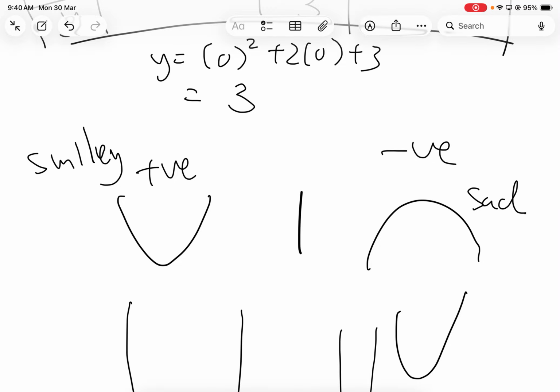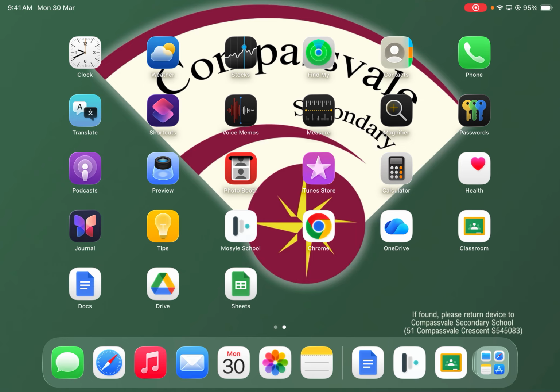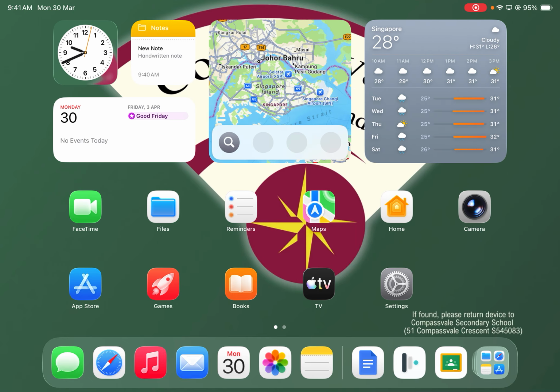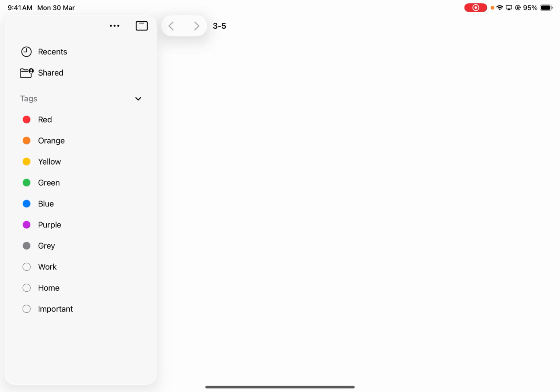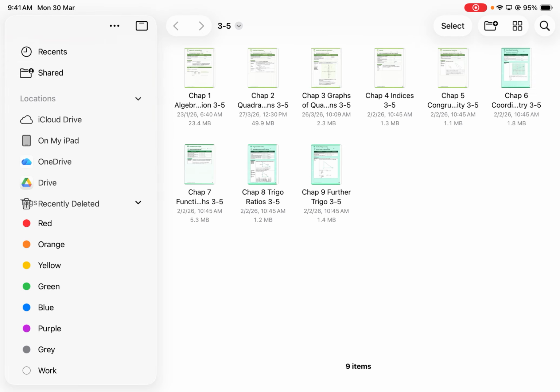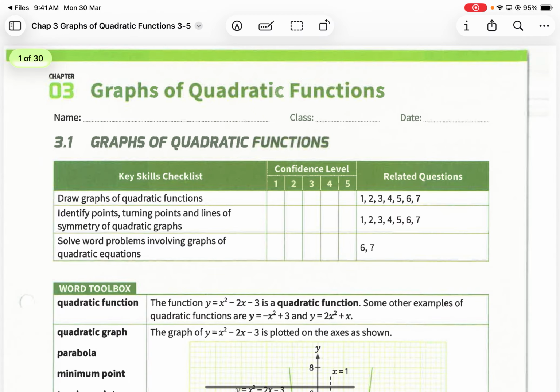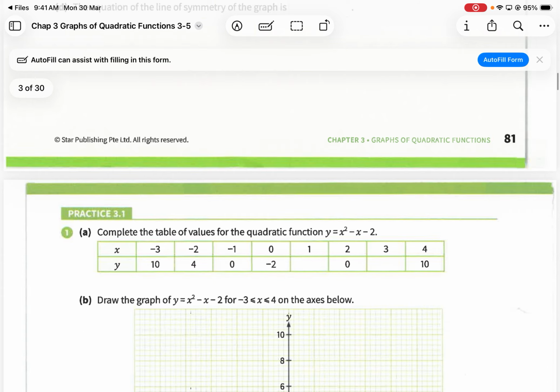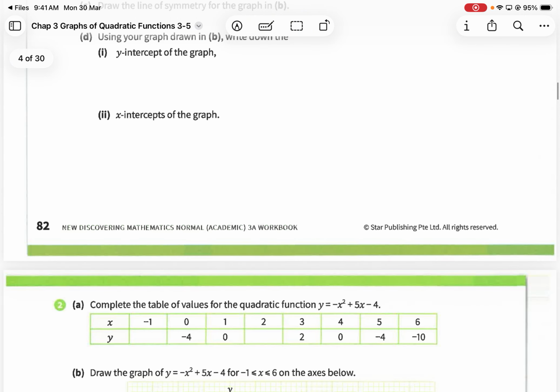With that, we can go on to our workbook. Okay, take out your workbook. Chapter 3, page 82.